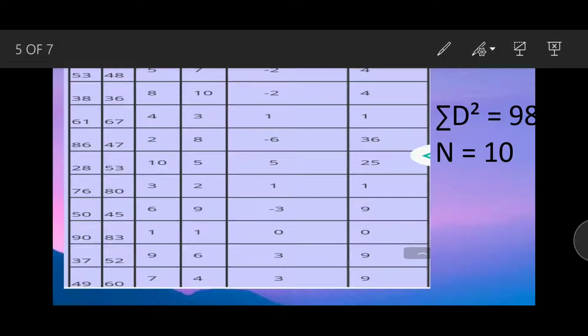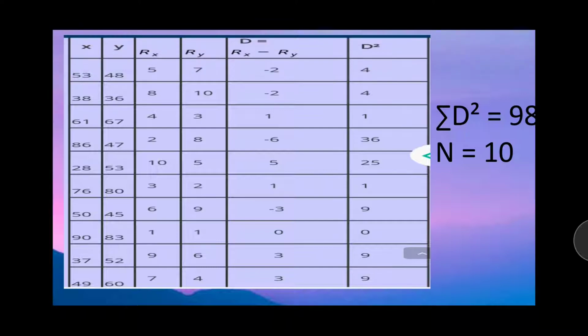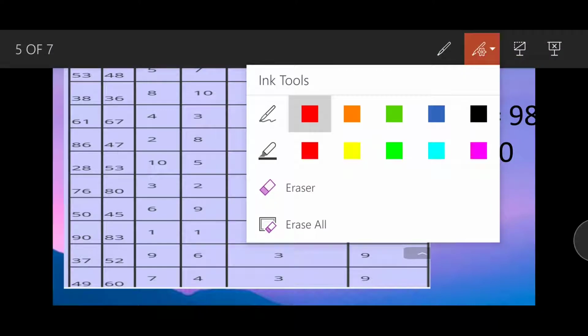The other one gives us minus 2 as well. 4 minus 3 gives me 1. 2 minus 8 gives me minus 6, and that is all that we have on that table.